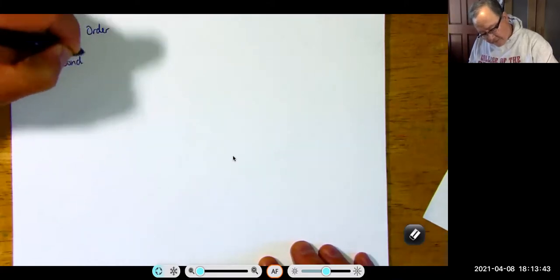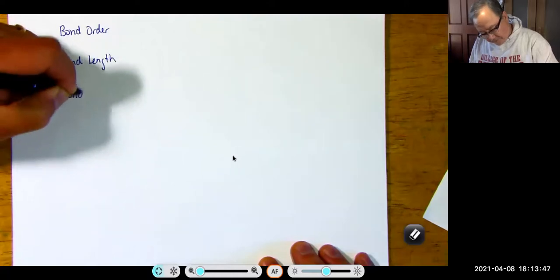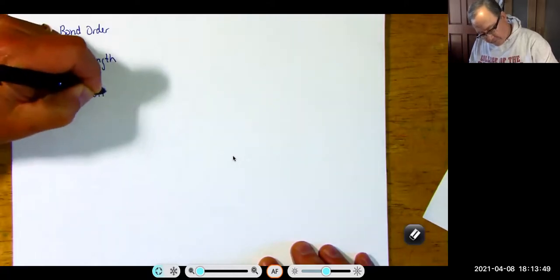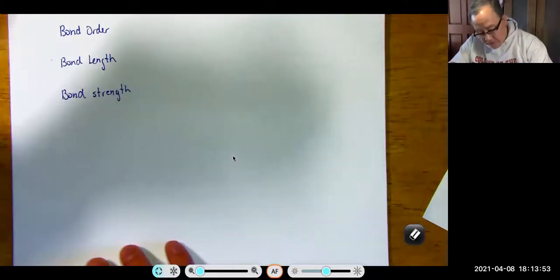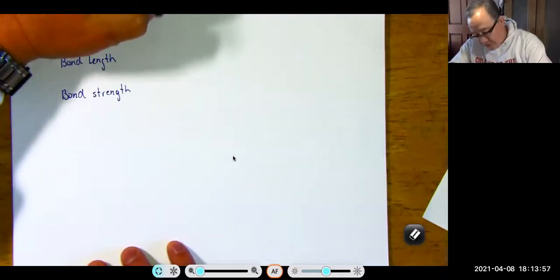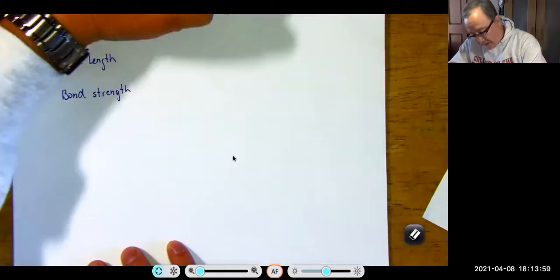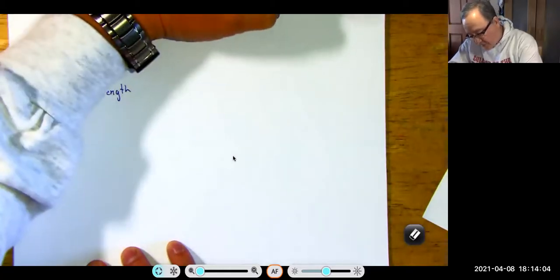So for bond order, I'm going to give you 3 examples here: a nitrogen-nitrogen single bond, a nitrogen-nitrogen double bond, and a nitrogen-nitrogen triple bond.